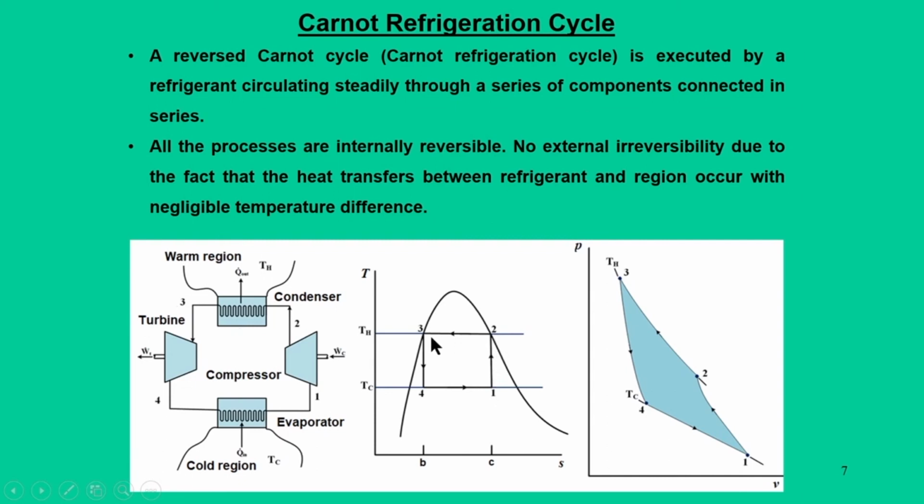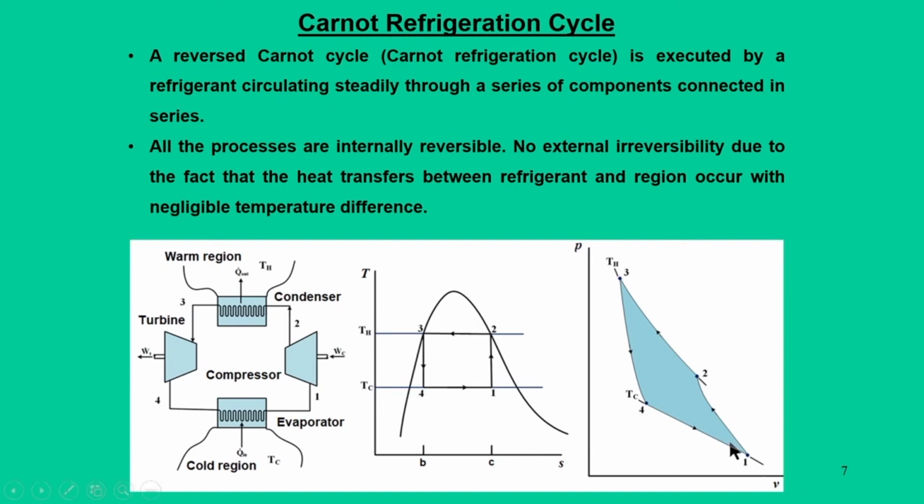Then 2 to 3 is constant temperature heat rejection, and 3 to 4 is a turbine process, again an isentropic process. 4 to 1 is also an isothermal process, in which heat is given as input from the space to be cooled, and again the cycle starts with 1, 2, 3, 4. So here the processes are given as 1, 2, 3, 4 in the PV diagram.